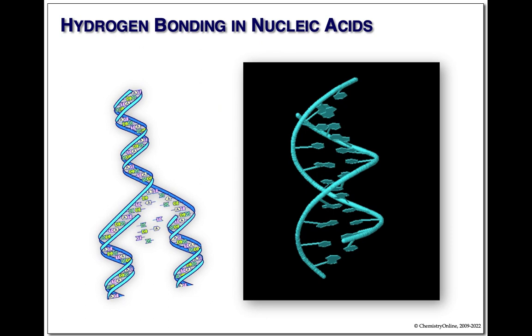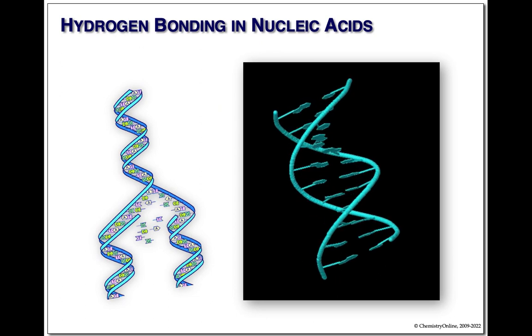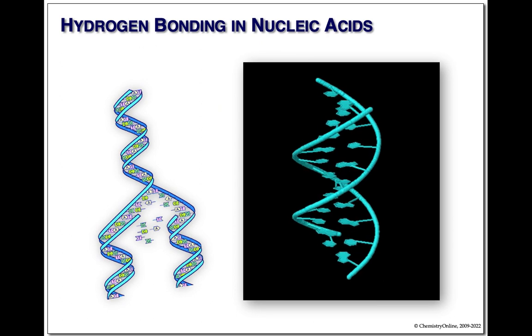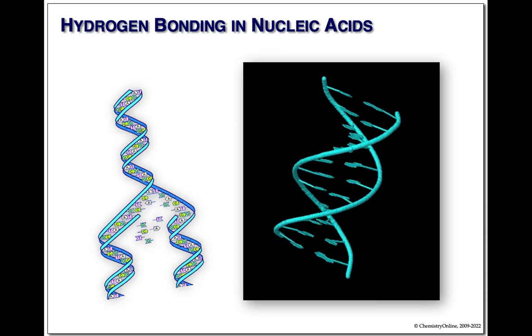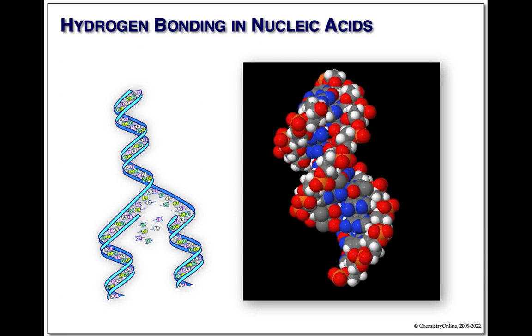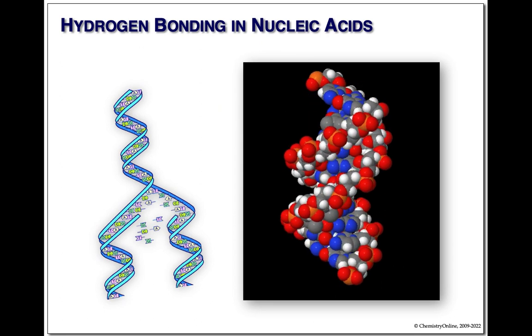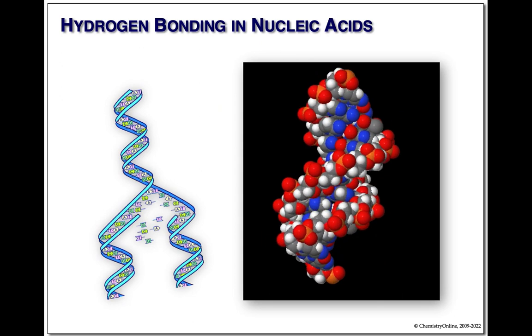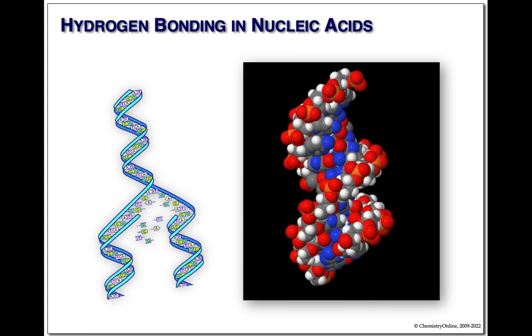This is another model of DNA. Again, you can see the bases all lined up. And again, the phosphates are in the outside here. See all the charges on the outside and all the bases on the inside.